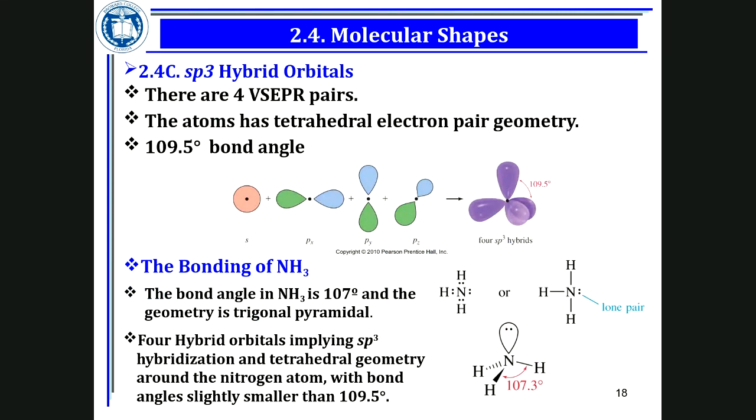Let me go back to this one. So if you have a carbon with sp2 hybrid, so it's a carbon with sp2 hybrid.